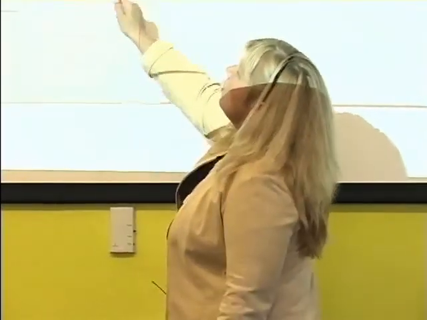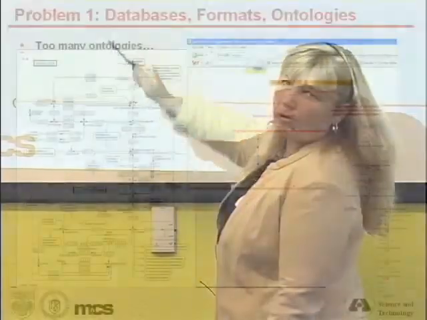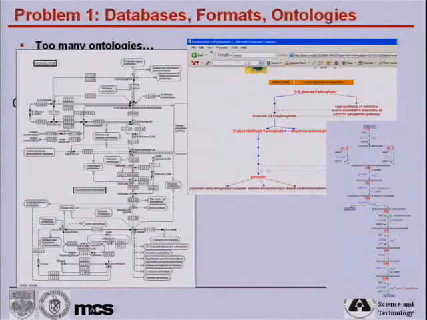Like, for example, in this particular diagram, this is the all-inclusive diagram from KEGG. And as you see, it's called glycolysis. It's a very popular database, and people use it a lot, okay?